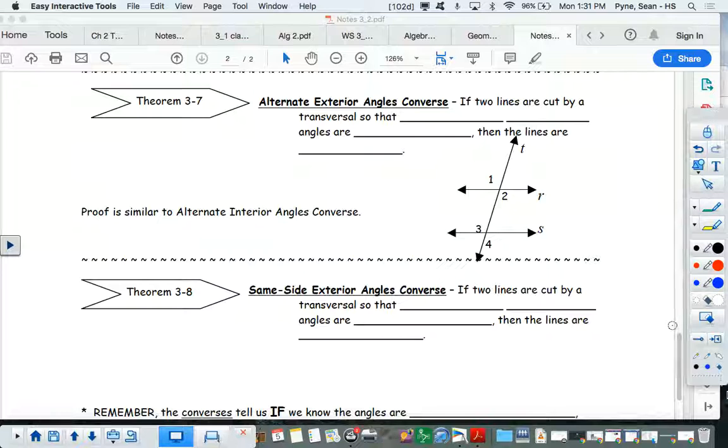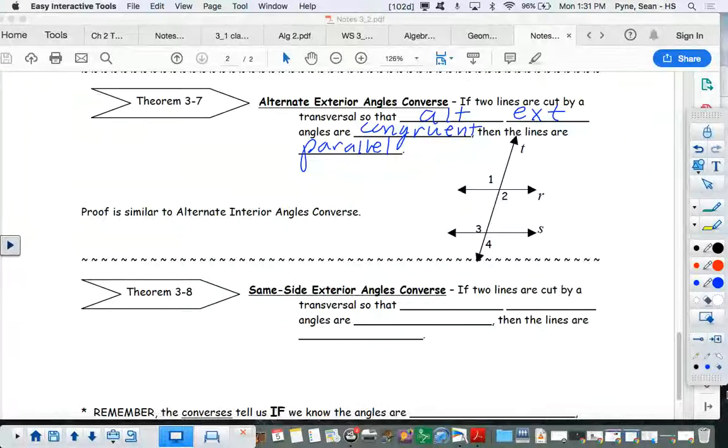If two lines are cut by a transversal so that alternate exterior angles are congruent, then the lines are parallel. So the proof is similar to the alternate interior angles converse, except we would be solving for exterior angles.